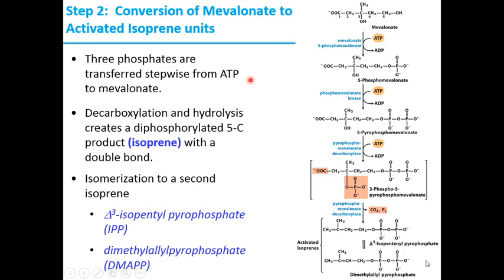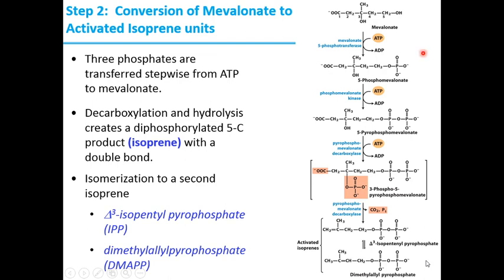Step 2 of cholesterol biosynthesis involves conversion of mevalonate to activated isoprene units, as shown here. So how does mevalonate get converted to isoprene units? In the first step, mevalonate is converted to 5-phosphomevalonate by the action of the enzyme mevalonate 5-phosphotransferase, which uses ATP as a cofactor.